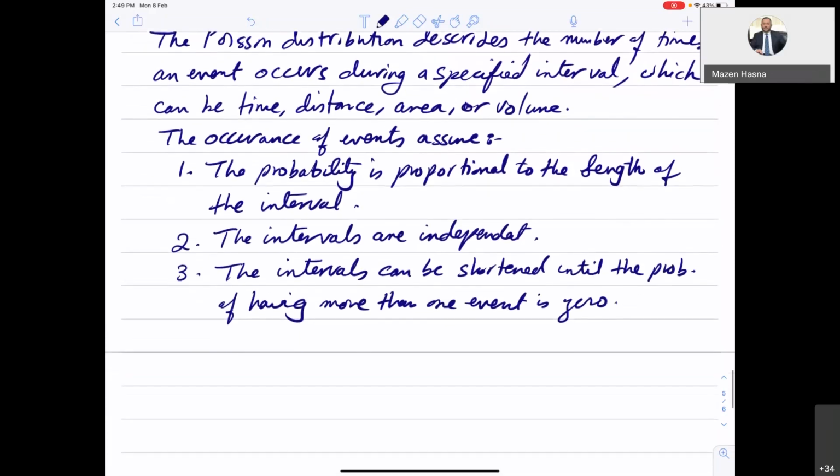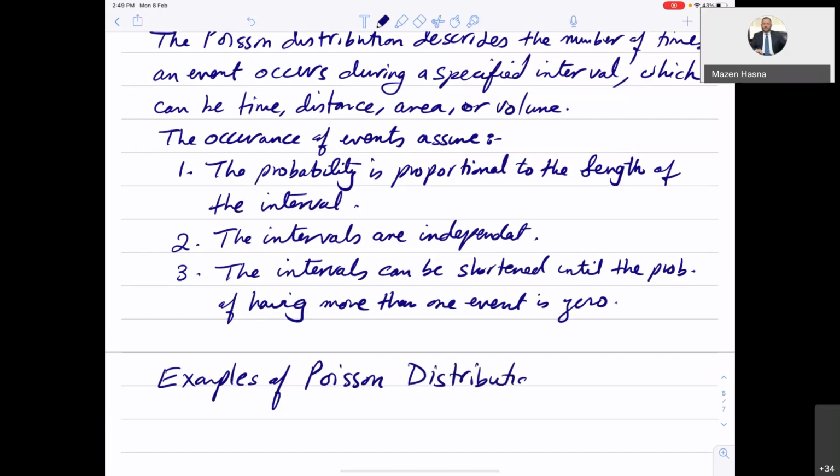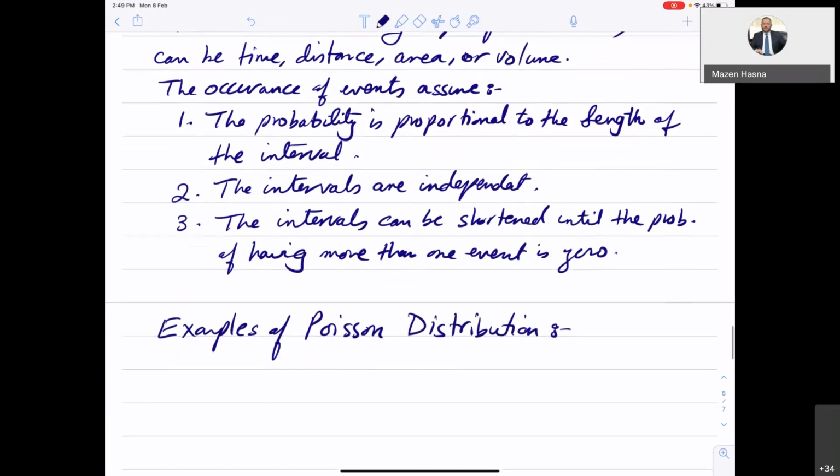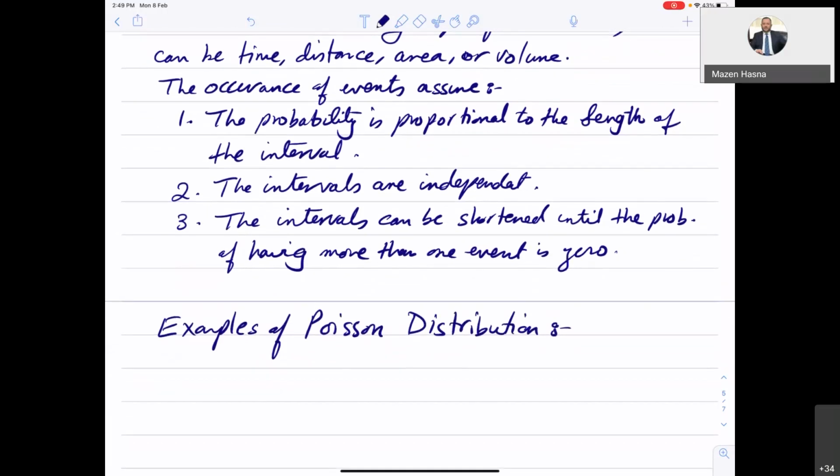So what is all of this? I'm saying we sometimes face some random phenomena that can be described by a distribution called the Poisson distribution.